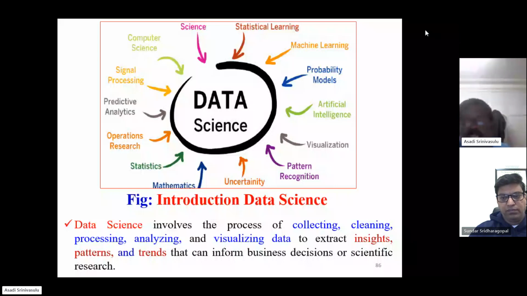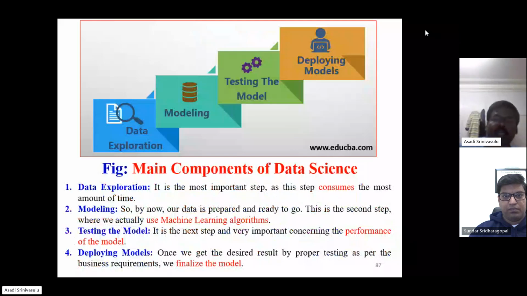Pattern recognition applications: uncertainty, mathematics, statistics, operations research, predictive analytics, signal processing, and computer science. So that's why we are using data science everywhere. These are the 4 major components of data science. See, data exploration means we are collecting the data from various sources.